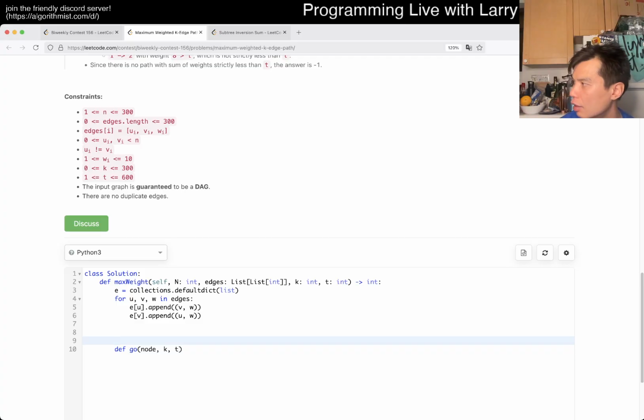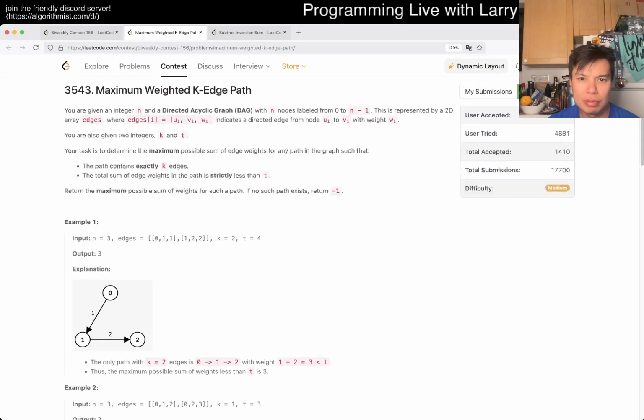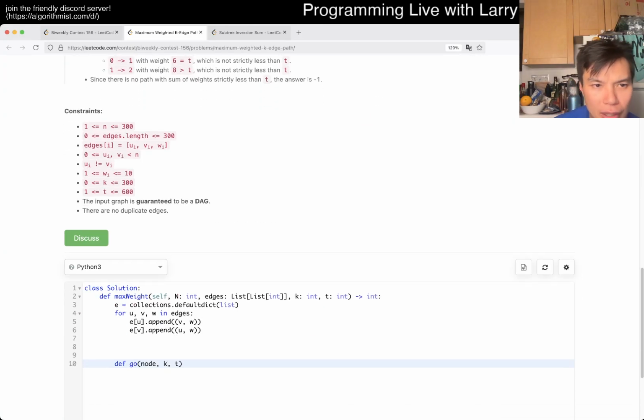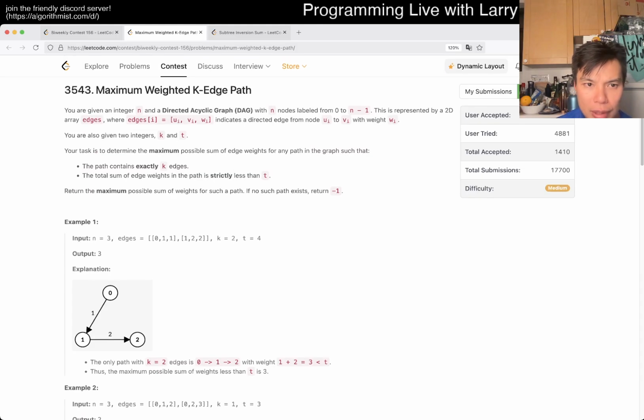So you don't have to calculate from each node, which cuts off a lot of research. But this would be the naive thing, but that's definitely also way too big.